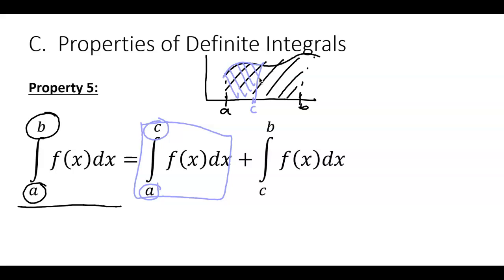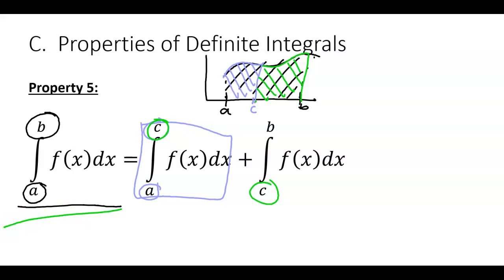But you notice where this one leaves off? This one leaves off at c, right? It stops at c. That's where this one picks up, right? So this one picks up at c and ends at b. Yeah, so if you put the green area with the purple area, you get the original area, right? So that's it.